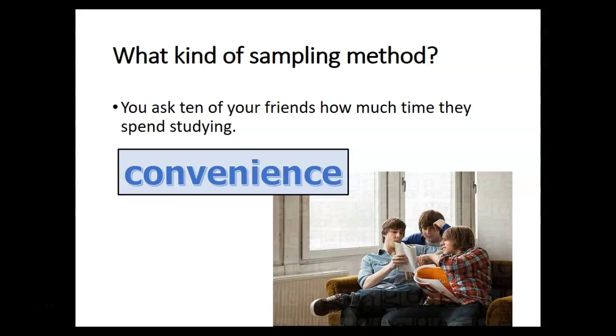If you just ask your friends, well, maybe they're your friends because you're all in the same major, you're taking the same classes, maybe those are classes that require a lot more studying than usual. Or maybe they're all your friends because you're all a bunch of party animals and you spend all your time partying and never do much studying. But your friends are maybe a lot more like you than the average college student.